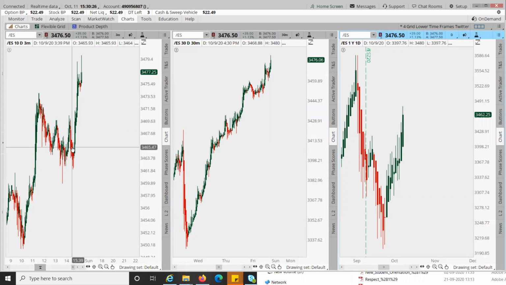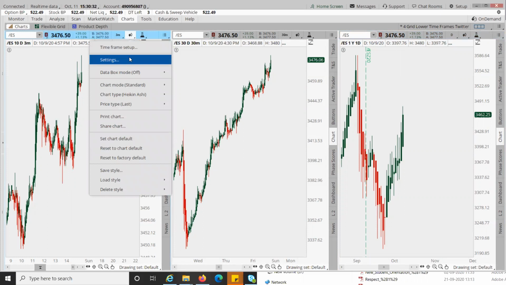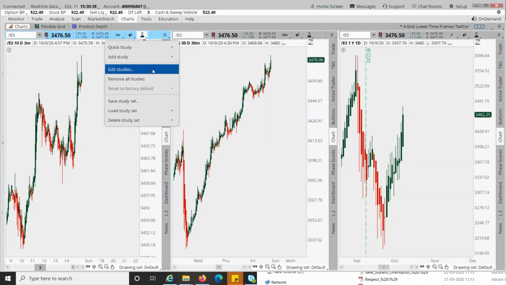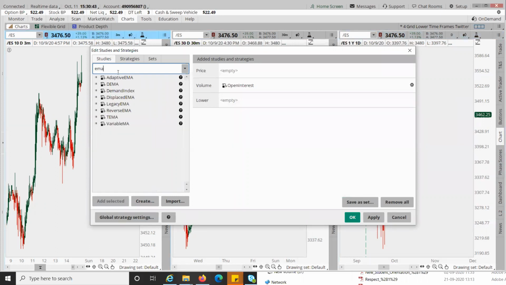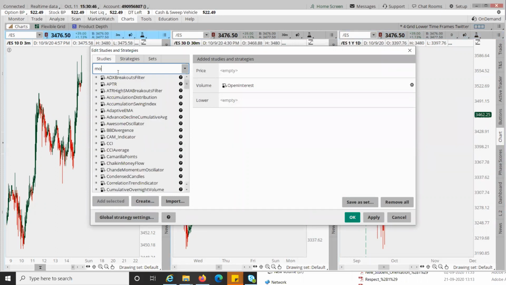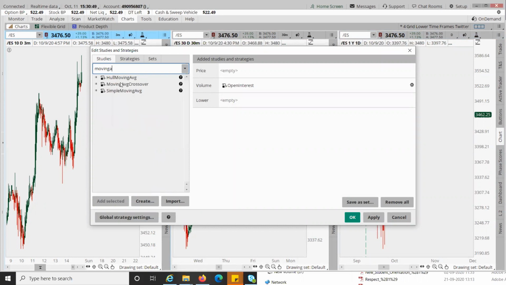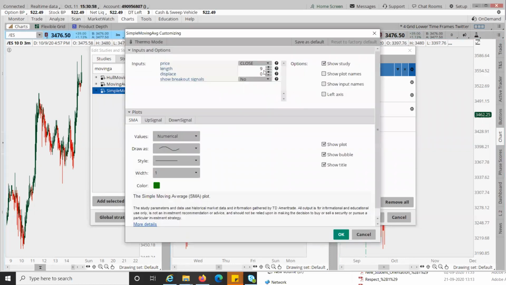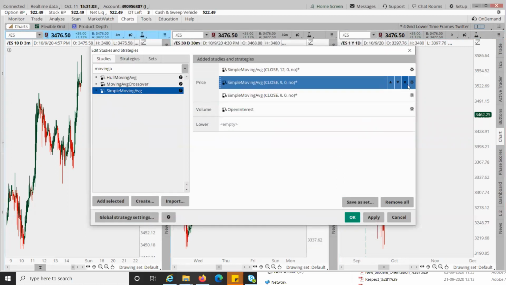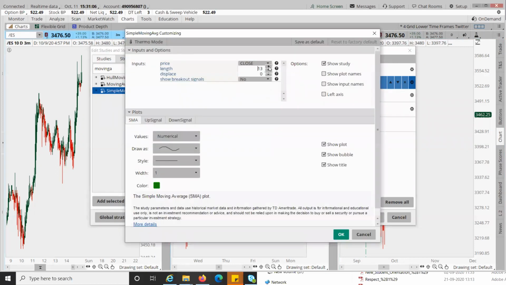Okay. And if you want to replicate this, you can replicate it. You can add studies. These are the conditions which I use. So I have added 3 studies here.